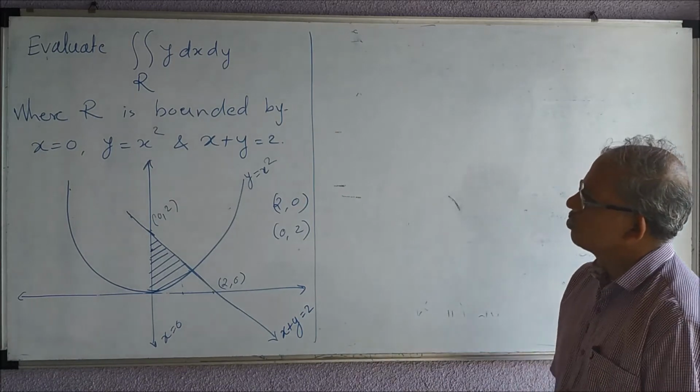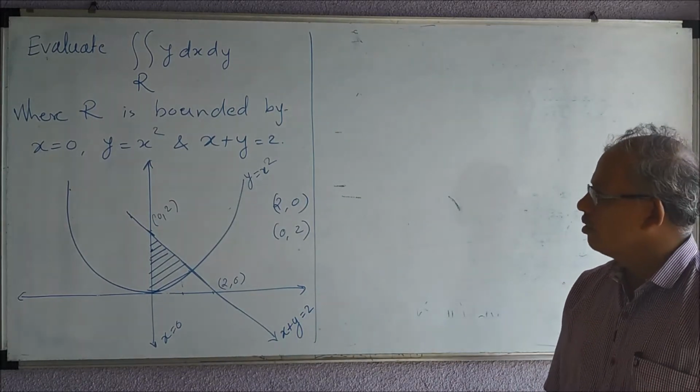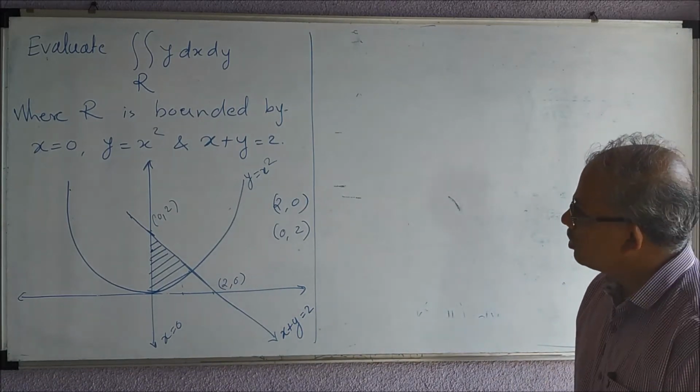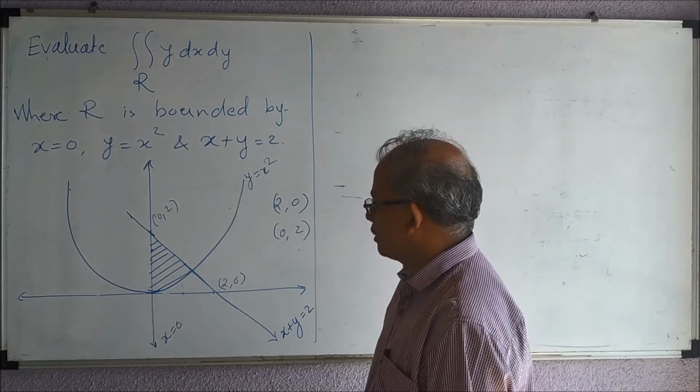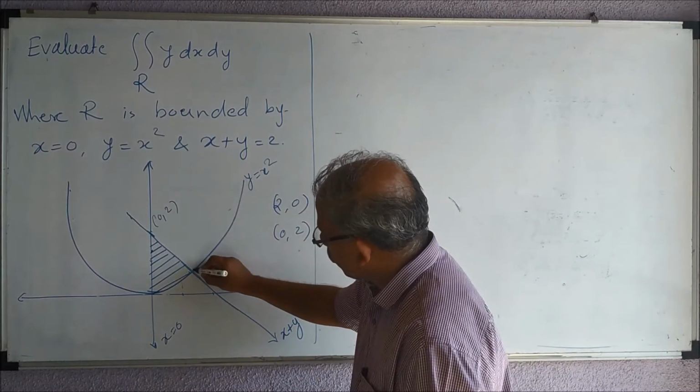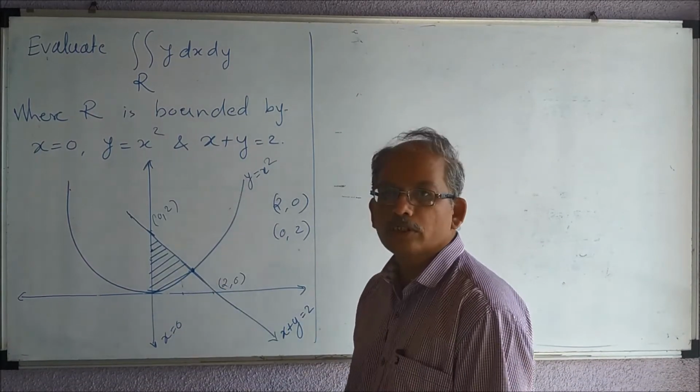Right? So this is the region. Now we will try to obtain the limits. So what is this crossing point? This is what is required.